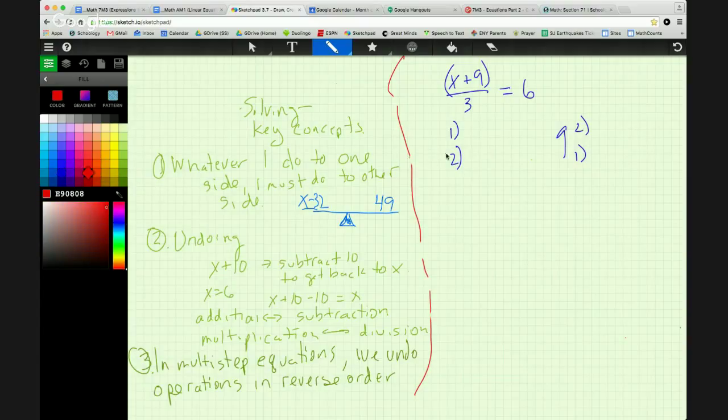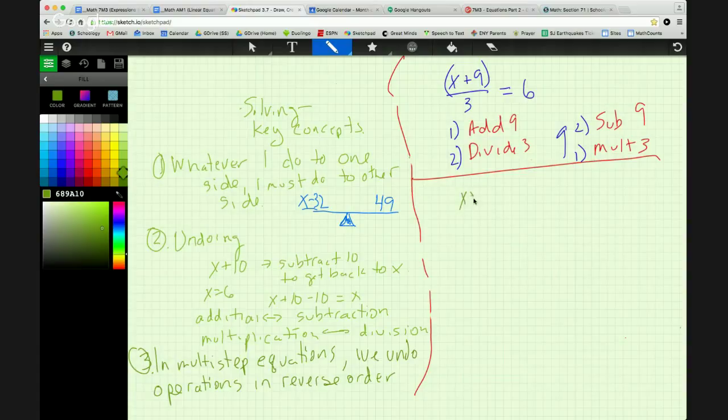Okay, good. Pause. Okay, the first thing we do is we add 9. That's the first operation. Then we divide by 3. So we undo that by multiplying by 3 and then subtracting 9. So let's use that strategy as we solve this problem. x plus 9 over 3 equals 6.